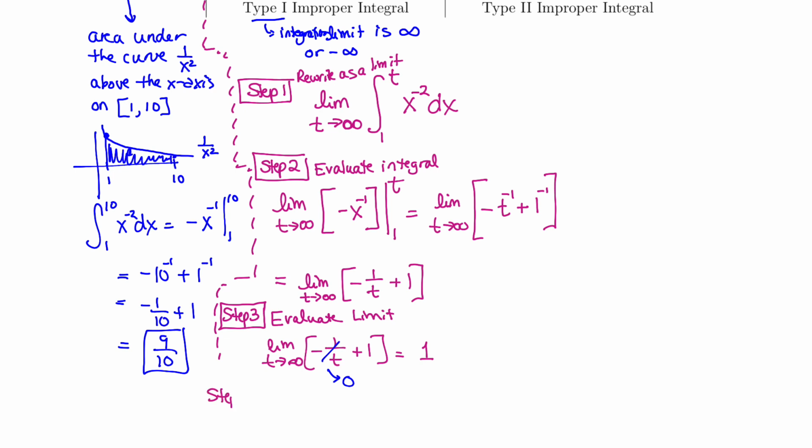Step 4, and we haven't talked about this yet, but this is where you decide if your integral converges or diverges. If you get a finite answer, your integral is said to converge. And so we would say in step 4 that this integral converges to 1.